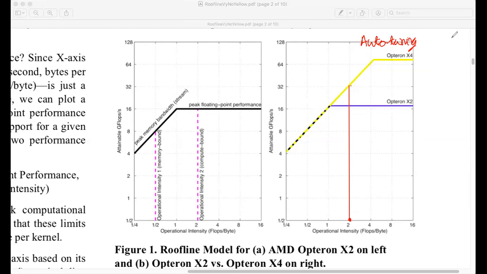For example, there is something called Atlas, which does basic linear algebra operations, BLAS, which stands for basic linear algebra subprograms. When you install this Atlas library on your machine, it tries to find the optimal parameters so that it moves towards the compute bound side. The key thing I want you to remember is performance portability.